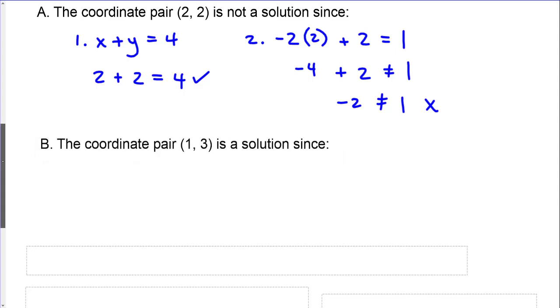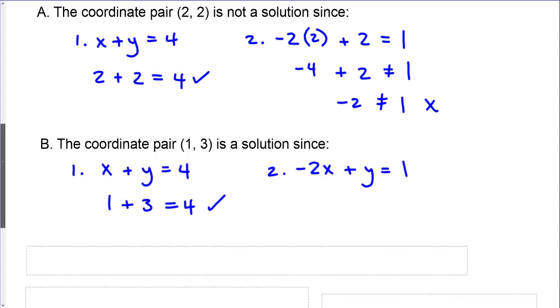Let's try (1, 3). In the first equation, x plus y equals 4. This certainly works out because 1 plus 3 does in fact equal 4. In the second equation, negative 2x plus y equals 1, we would have negative 2 times 1 plus 3, and that should equal 1.